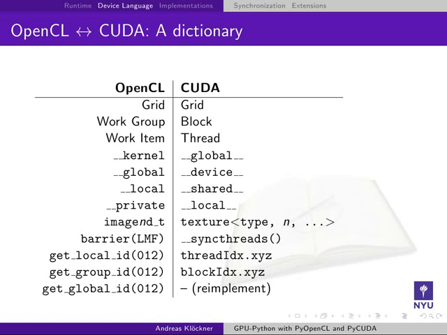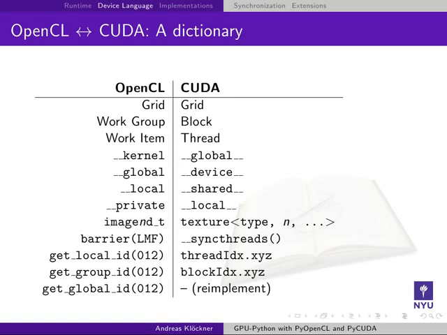Here's possibly the most confusing choice, and I really don't understand why they did that. What is called shared memory in CUDA is called local memory in OpenCL. Yet there is another kind of memory called private in OpenCL that's called local in CUDA. Worst possible idea. Yet somehow, we're going to have to live with it.